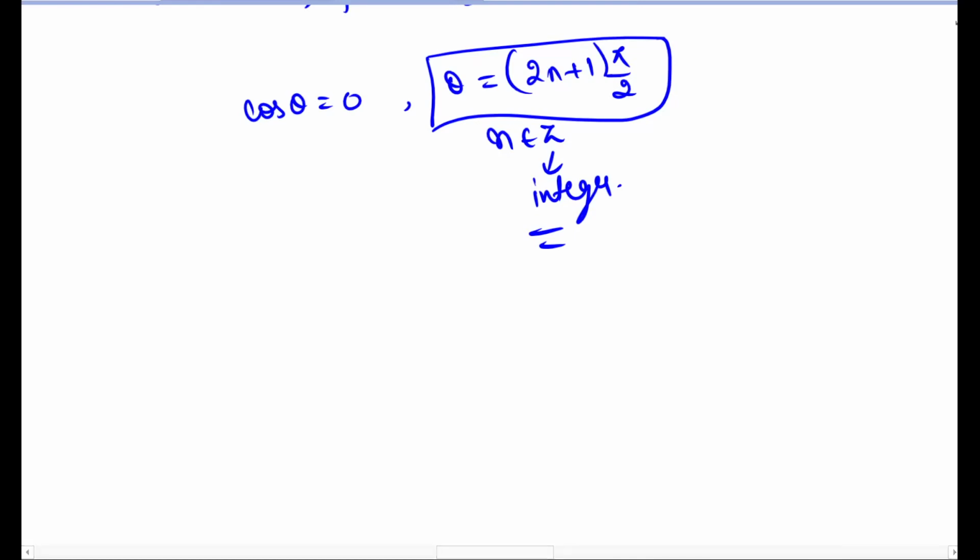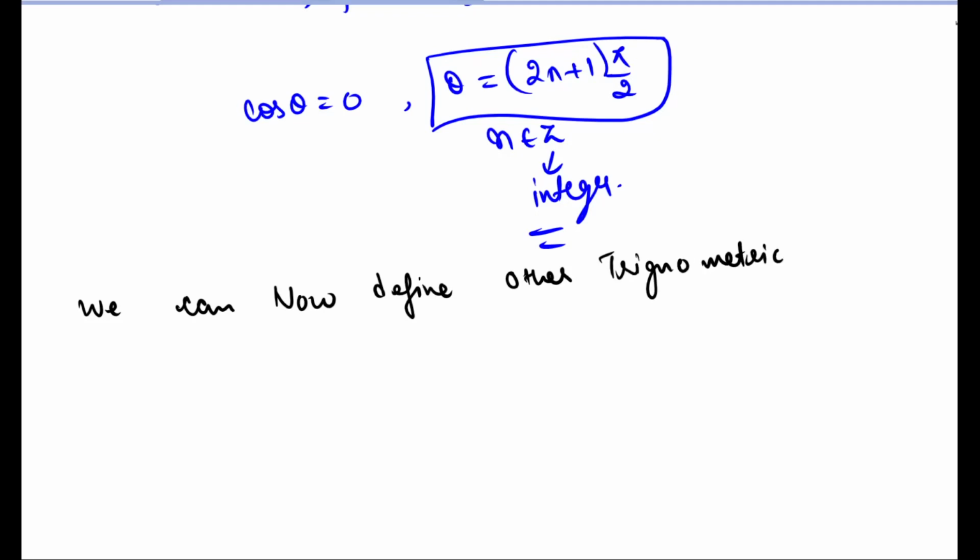So now we can define the other trigonometric functions in terms of sine and cosine functions.